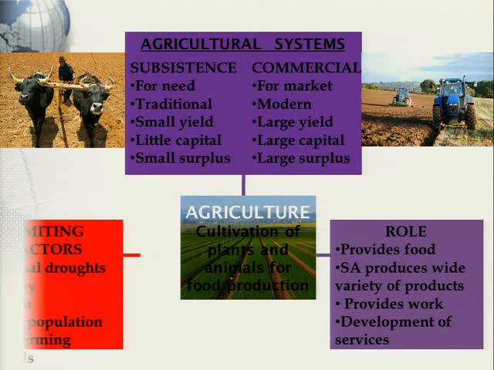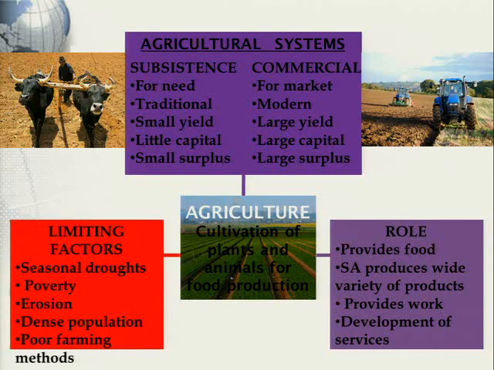But what are the limiting factors? What problems do we have that are facing agriculture in our country? The limiting factors that we have there are droughts. We sometimes experience seasonal droughts. There's poverty. We also have erosion. So these are the limiting factors.